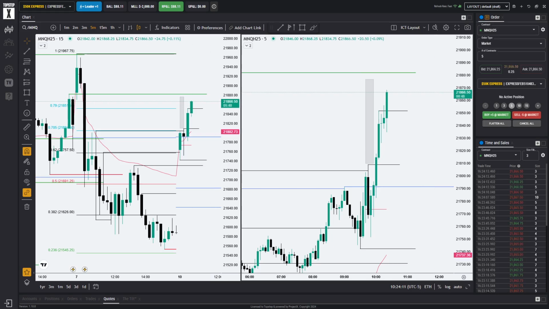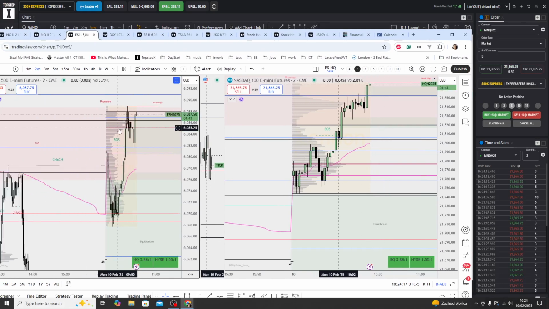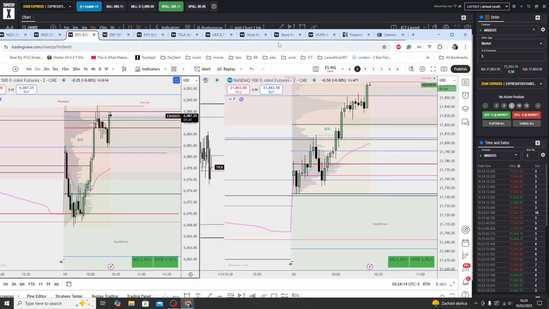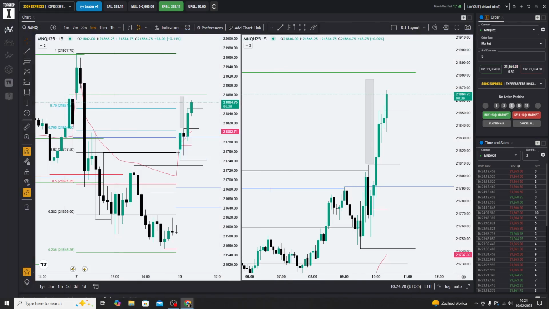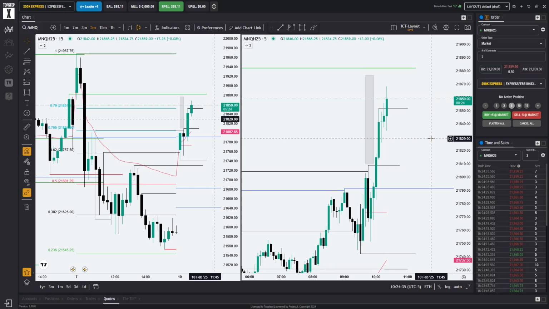ES is preparing to pop. A bit of pullback we got.